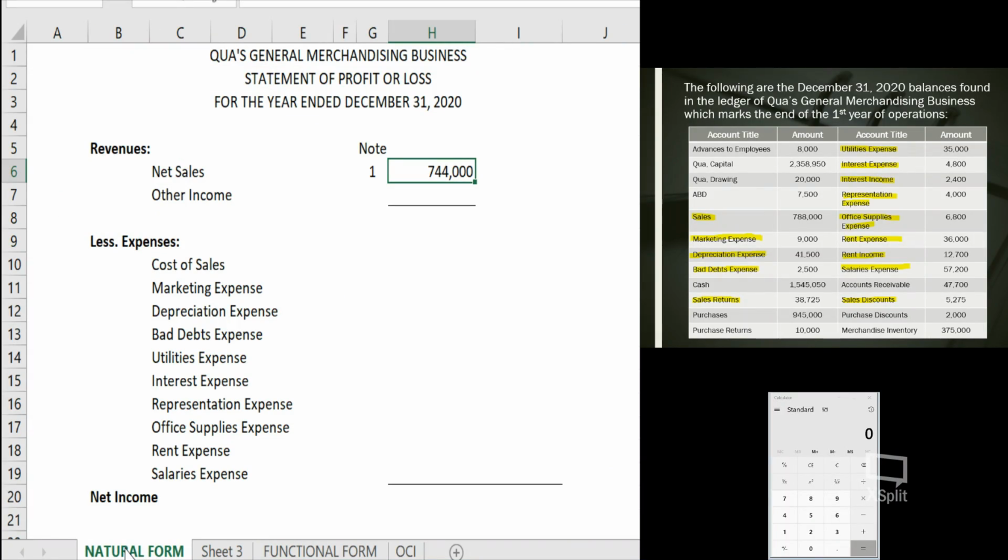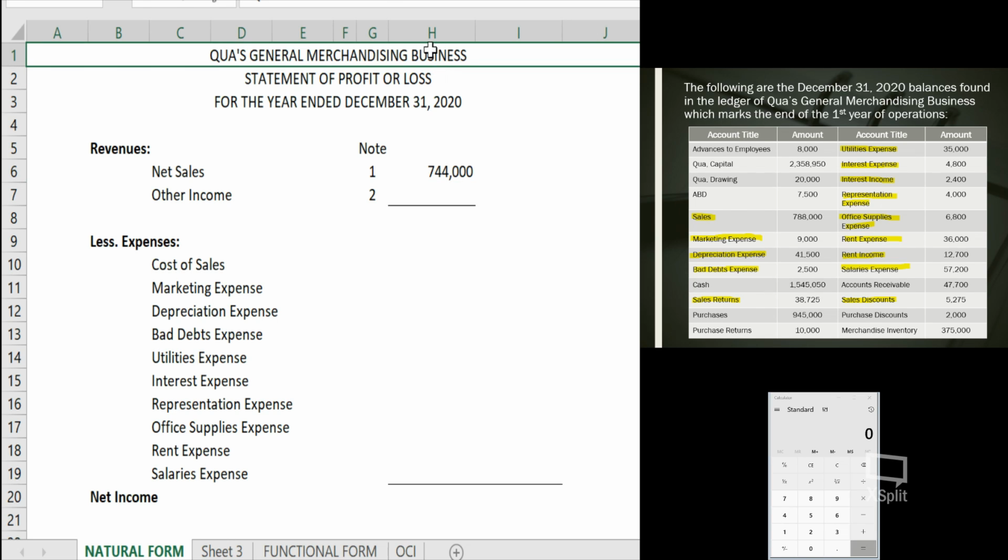Now, let's go to other income. Okay, other income. Ayan. Sir, bakit hindi na lang po pwedeng total revenue na lang? Bakit hindi lang pwedeng i-total lahat ng income? Okay, hindi natin pwede gawin 'yun because we have to separate kung magkano yung income from the primary operations of the business. Okay, ano ba yung business?